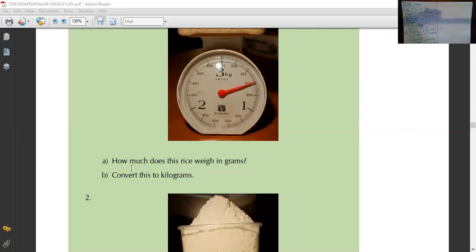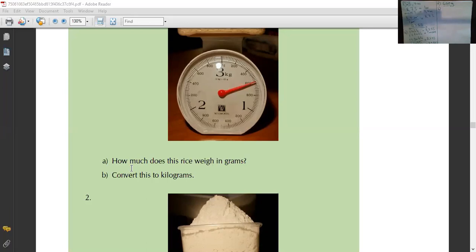So for part A, the weight of the rice in grams is 600 grams. Then part B says, convert these to kilograms.